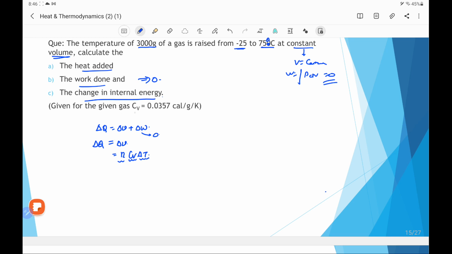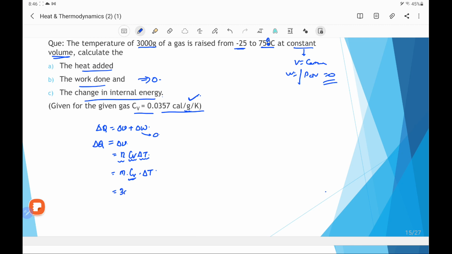Because here Cv is given in calories per gram, instead of moles we can write m, the mass of the gas, multiplied by Cv, which is the heat required to raise the temperature of unit mass by 1 degree Celsius. So we will use Cv in terms of mass, in grams, into delta T, the temperature change.